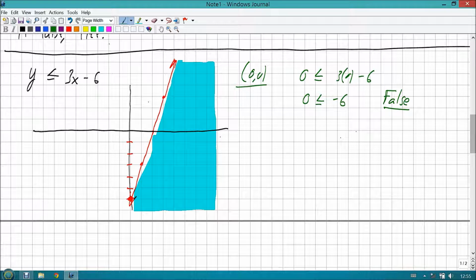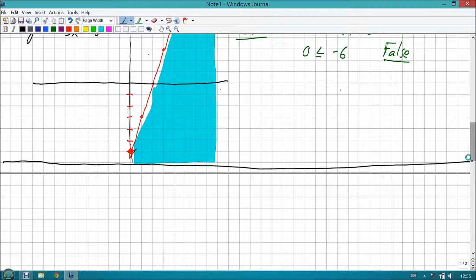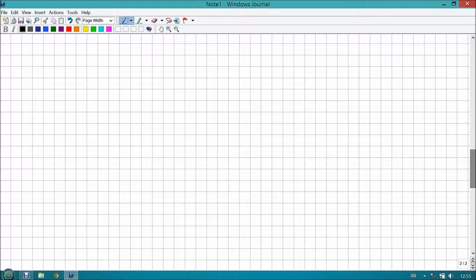Super easy. Much easier than trying to remember if it points to the left, I go below, or to the right. Keep it simple. Use a test point. If true, then through. If false, flee.